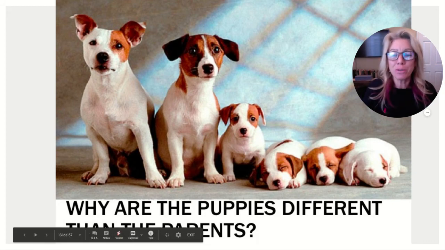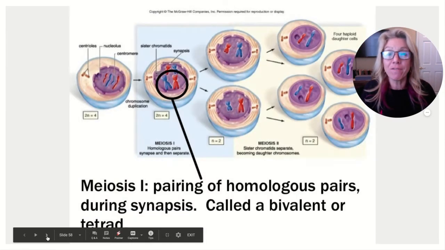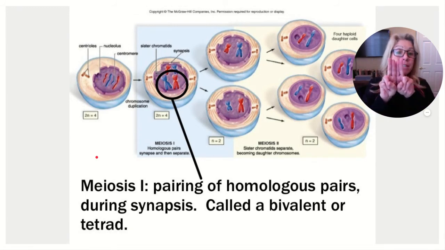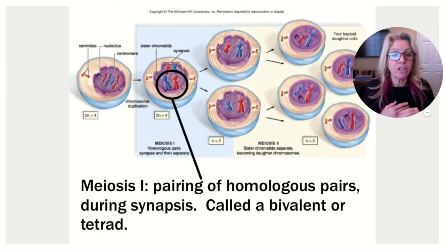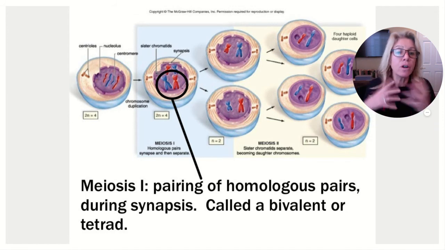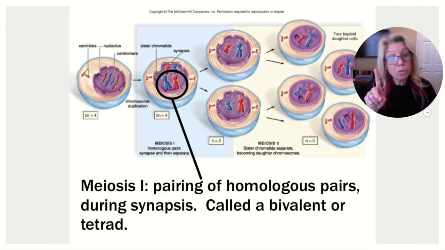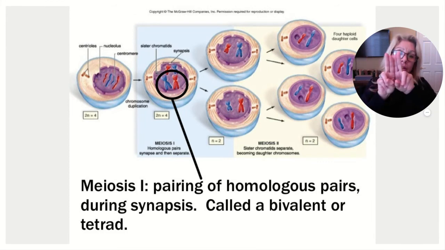So let's see those 3 areas where we can see the variation, okay? First one: remember when we did synapsis and the crossing over, and it's called a bivalent or a tetrad when it snaps together. That's going to increase variation. How much crossing over occurs, and in which chromosomes? On your notes, crossing over during prophase 1. That's the only time crossing over can occur, because that's when the homologous pairs are together and do synapsis.